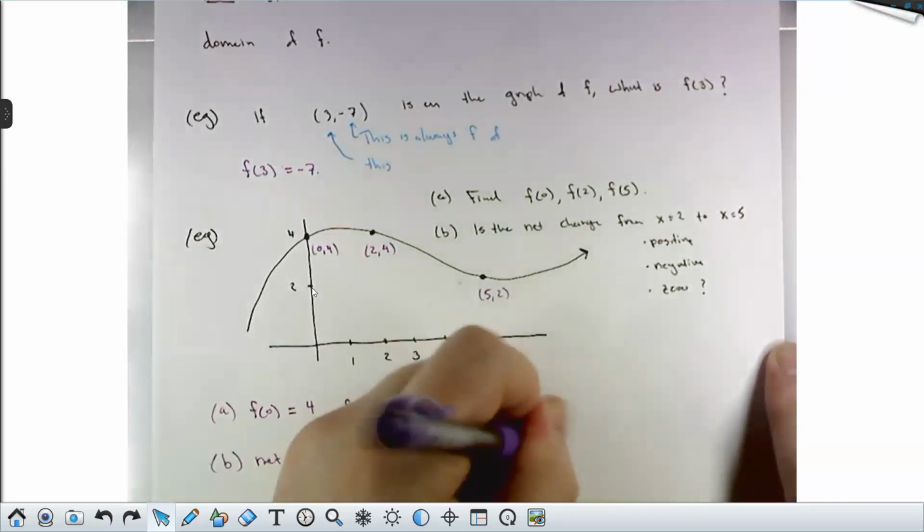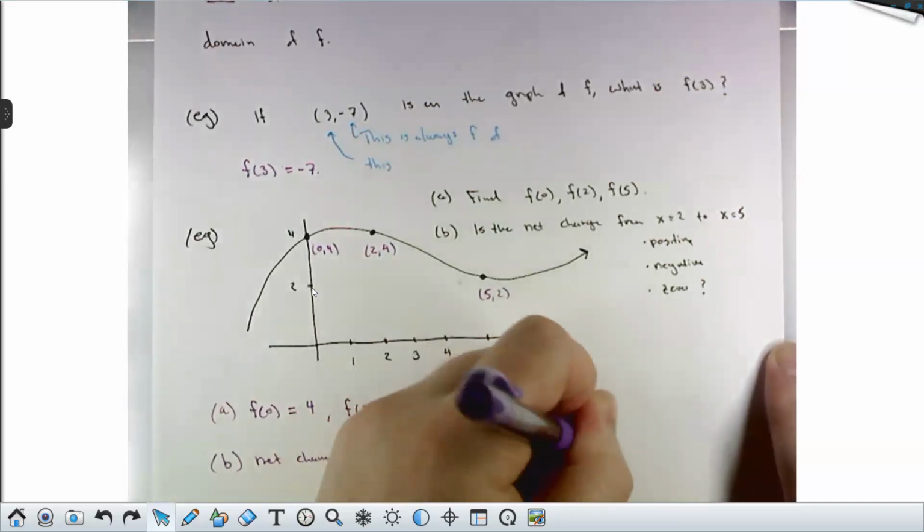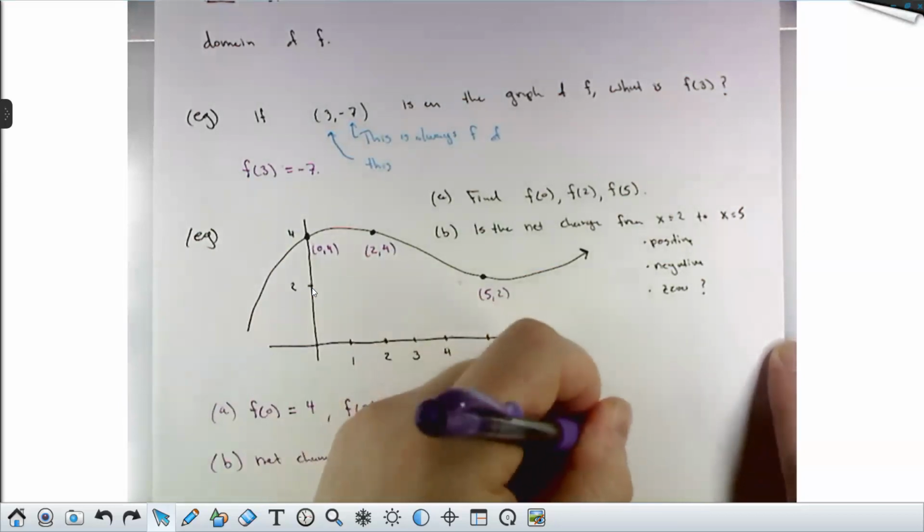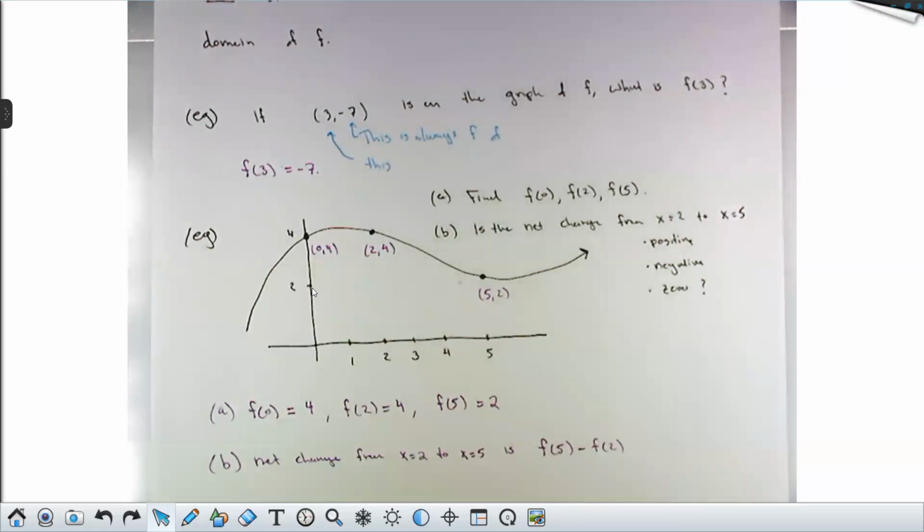I know that's f of 5 minus f of 2. By definition, remember, the net change from x equals a to x equals b is f of b minus f of a.